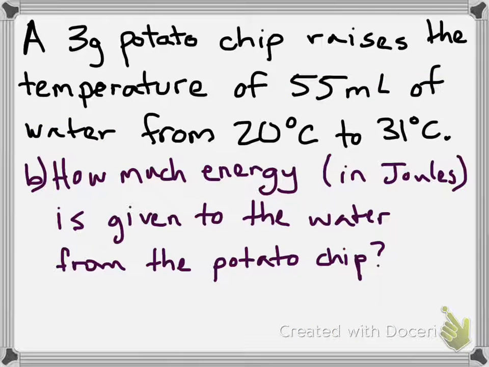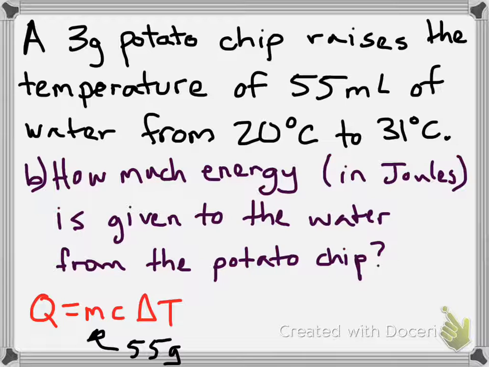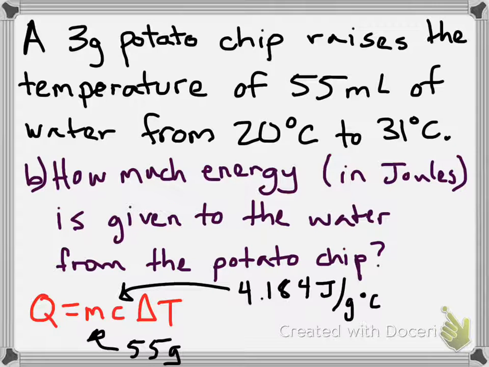Now question B: how much energy in joules is given to the water from the potato chip? Now we're looking for energy, so we're going to use our Q equals mc delta T equation. We have just figured out the mass of the water, that was 55 grams. The specific heat of water is always 4.184 joules per gram degrees Celsius.